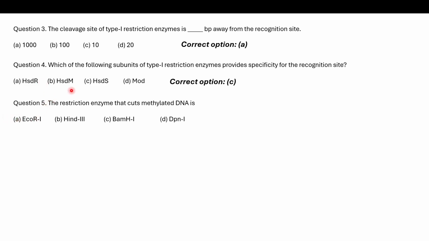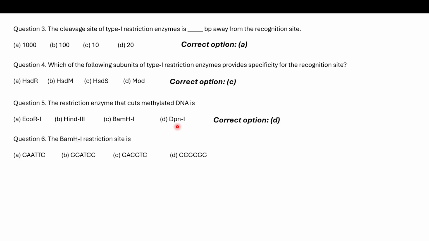It has R, M, S, all these subunits and activities present. So if it is methylated, this won't be able to perform its function. Won't be showing the restriction activity. So this is a DpnI enzyme which can recognize only methylated DNA strands and degrade them. So the correct option is D, DpnI.